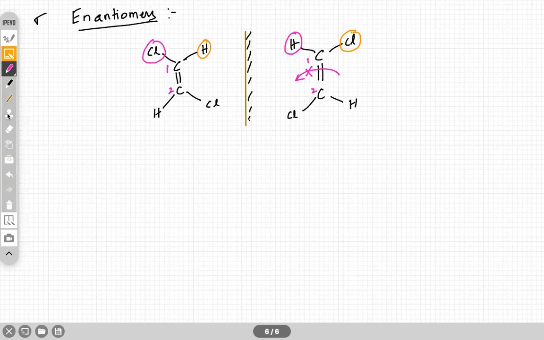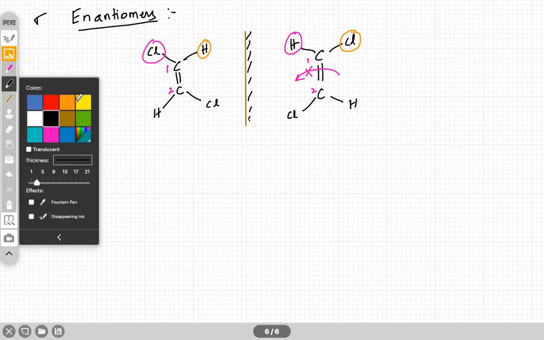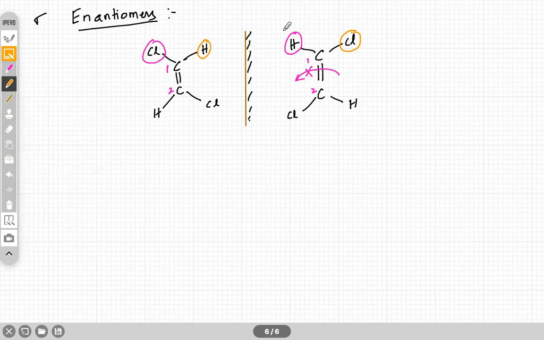But what we can do is rotate the molecule in the same plane, like this. If you rotate like this in the same plane, like you are turning the steering of a car, are you able to imagine the rotation, right?